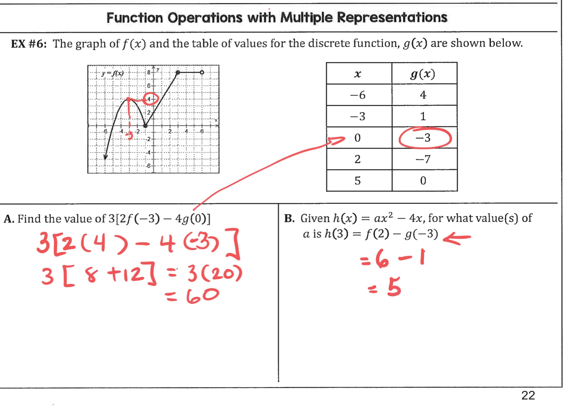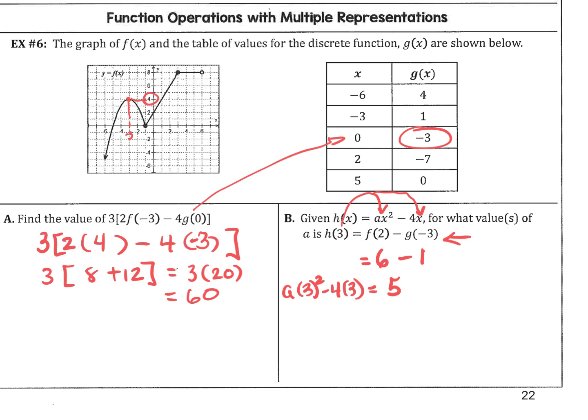Now we have to find h of 3. So what is h of 3? We take a 3 and plug in here and here, don't we? So that gives me a times 3 squared minus 4 times 3, doesn't it? Do you see how we're going to be able to find a?